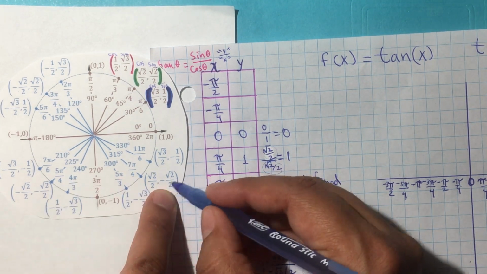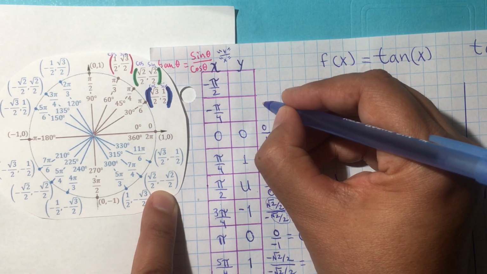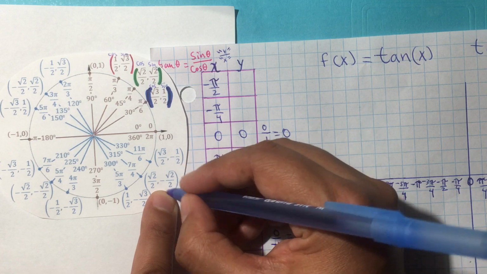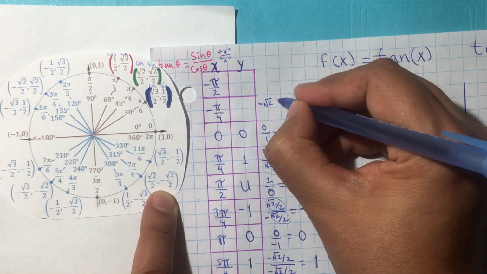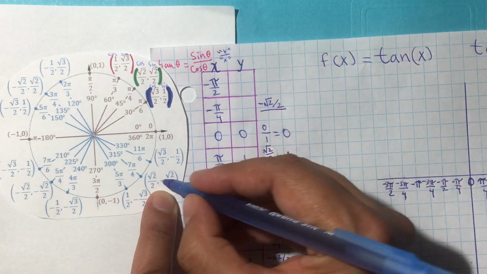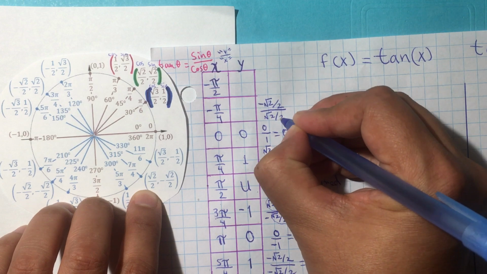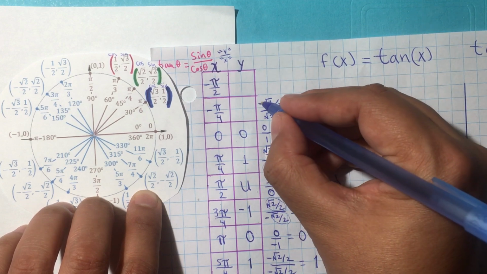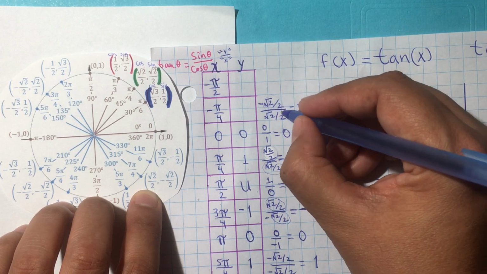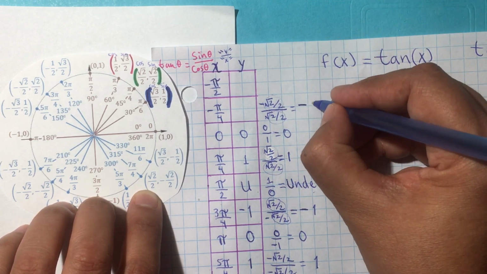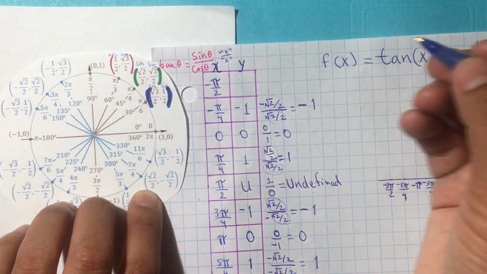So this is the coordinate that we're going to use for this value. Again, it's negative square root of 2/2 divided by cosine, which is square root of 2/2. Negative divided by positive is negative. And anytime you have division of the same value, it's just 1. So this is going to be -1.